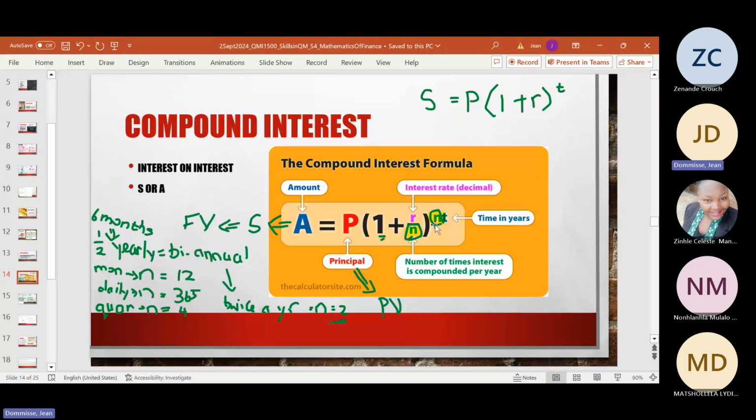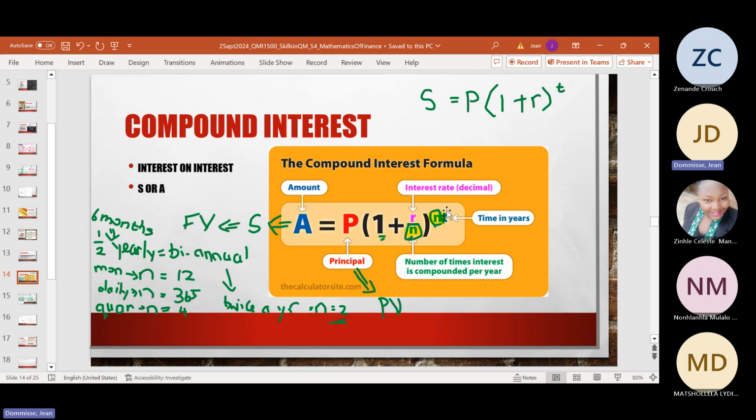N is normally saying the time period in not years, but sometimes months, quarters, days. So that is where that N comes in. The R is the interest rate, and then T was the number of years.